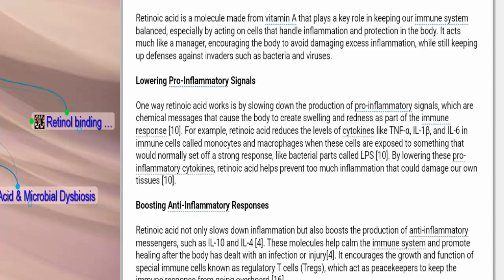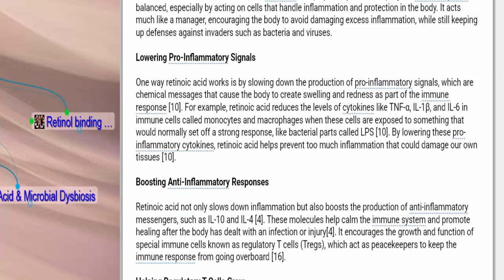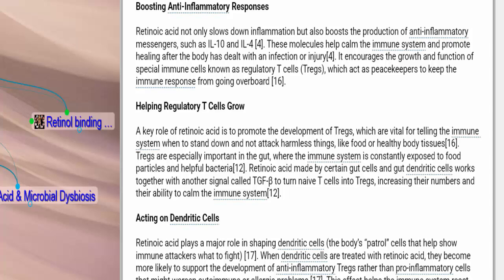When these cells are exposed to something that would normally set off a strong response, like bacterial parts called lipopolysaccharides. By lowering these pro-inflammatory cytokines, retinoic acid helps prevent too much inflammation that could damage our tissues.